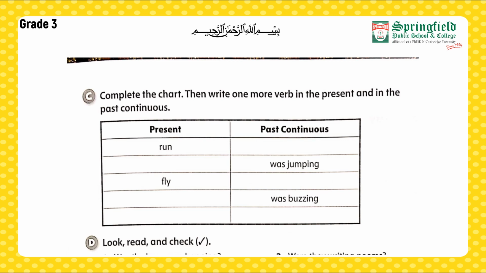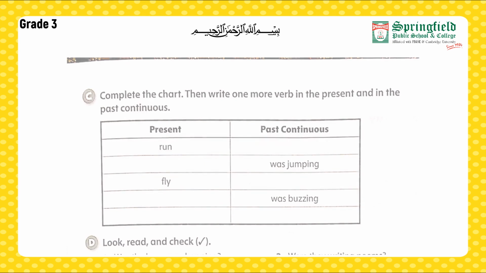So what is the present form? Jump. In this way, you have to write for fly and was buzzing. For fly, you have to write the past continuous form, and for was buzzing, you have to write the present form. And then you have to make a verb, like you can use stop, was stopping, drink, was drinking. Give an example of any verb, write its present form and then the past continuous form.